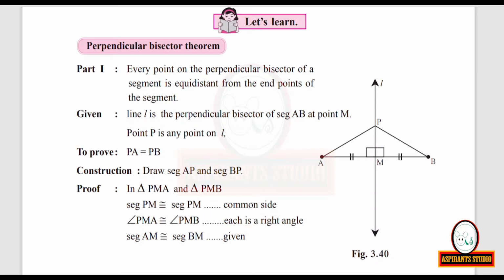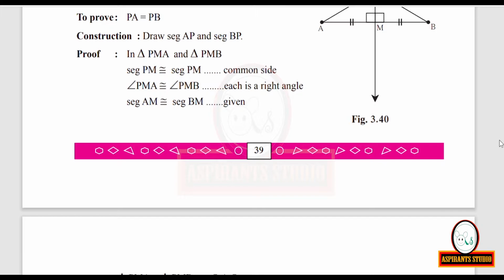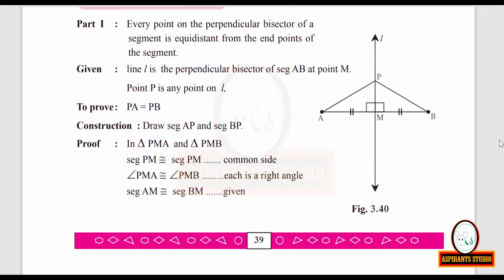Now take these two triangles, triangle PMA and triangle PMB, and prove that they are congruent. In triangle PMA and triangle PMB, segment PM is congruent to segment PM, common side. Angle PMA is congruent to angle PMB because each is a right angle.